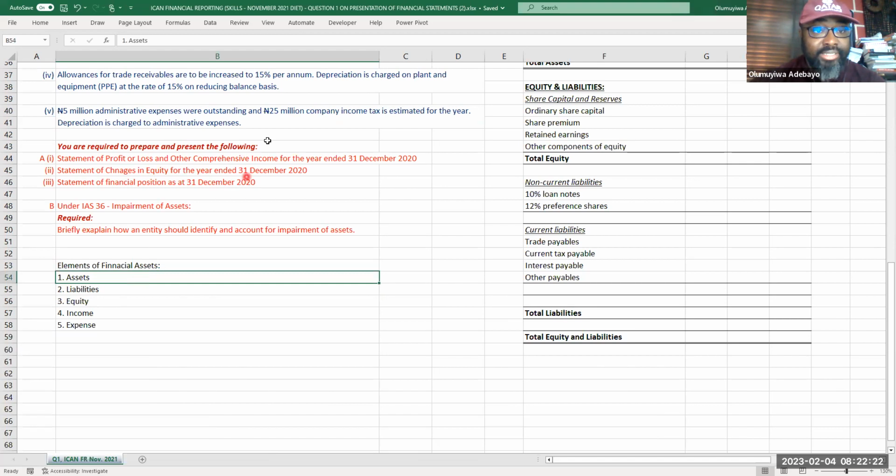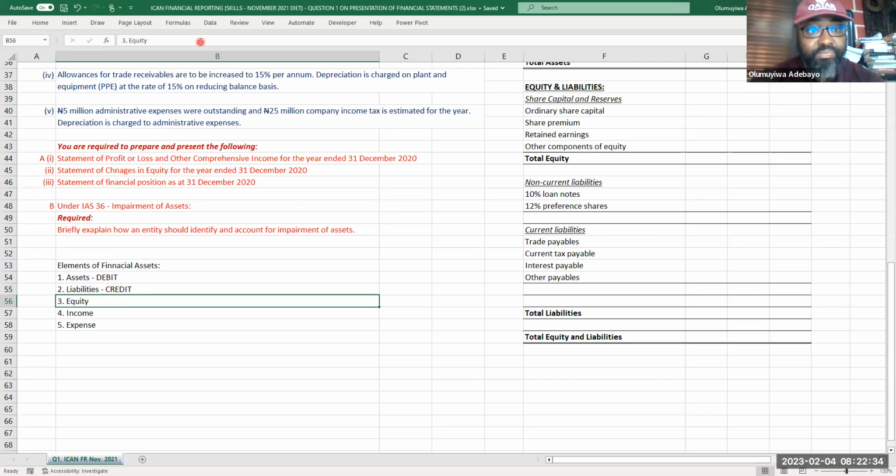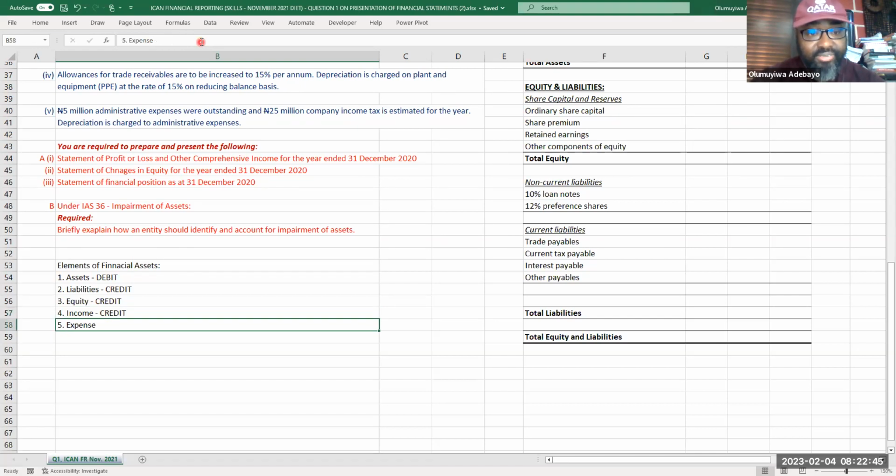In that, we said by convention, you expect assets to be on the debit side from your basic accounting principle. You expect liability to be on the credit side. You expect equity to be on the credit side. You expect income to be on the credit side.